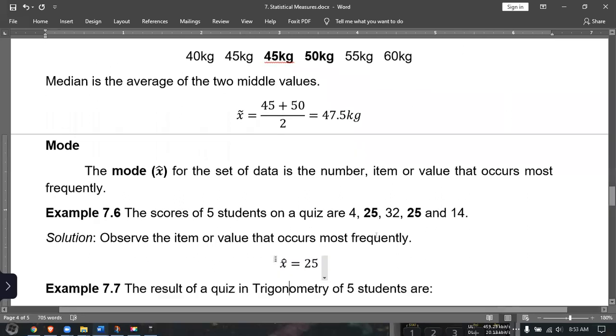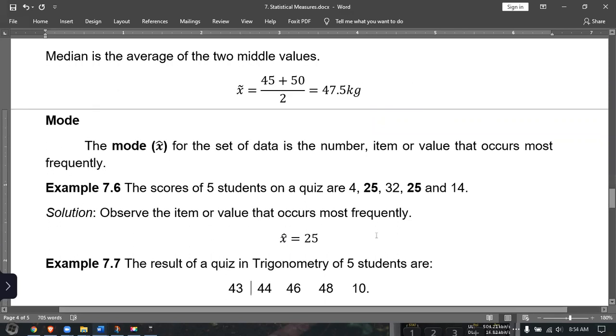Another example, the results of a quiz in trigonometry of 5 students are 43, 44, 46, 48, and 10. What is the mode? Is there any value that appears the most number of times?